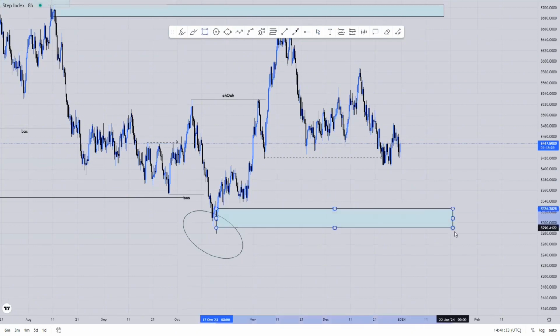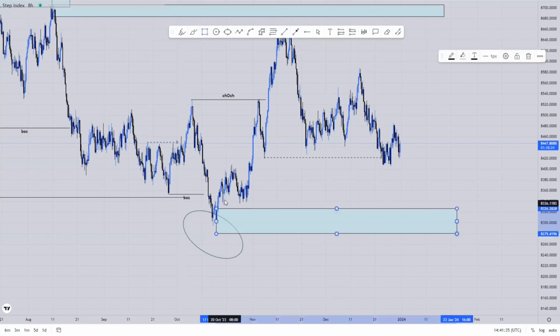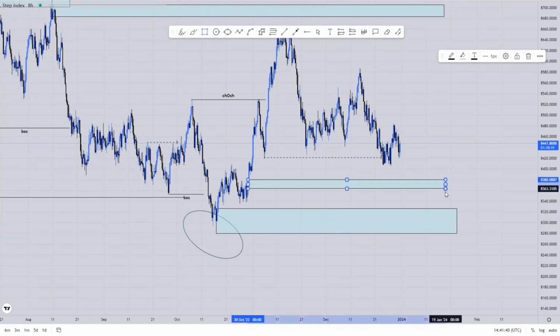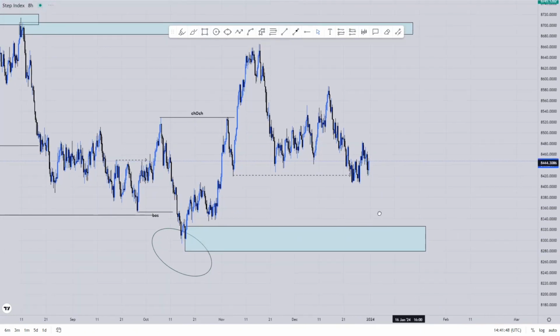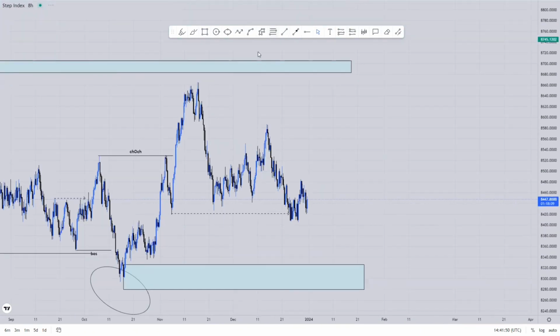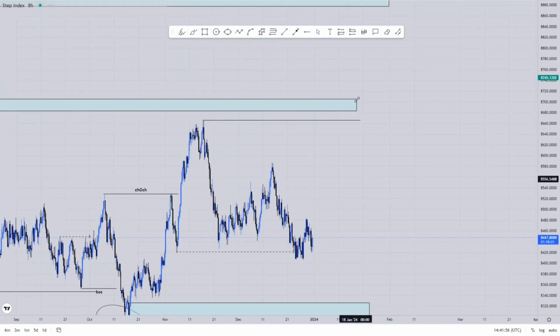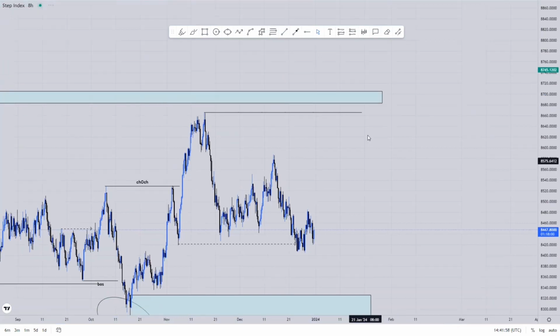We have this major extreme demand, and just above it, there's liquidity there. So this one is most probably going to be wiped out. So I'll just remove it like this. What I'm looking forward to, once you get buys from the downside, is targeting this level or even the supply just there like this.